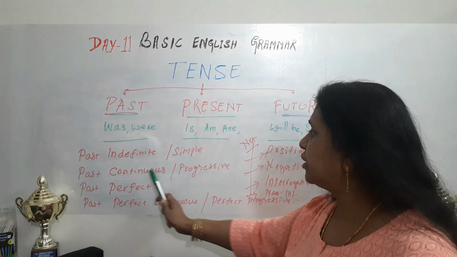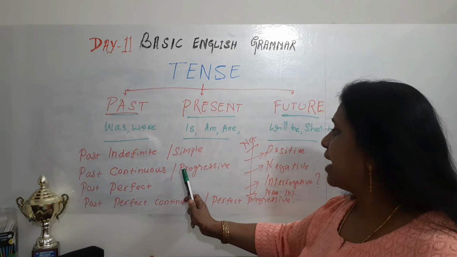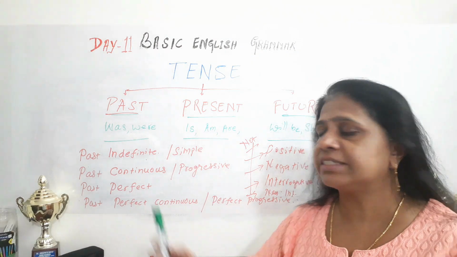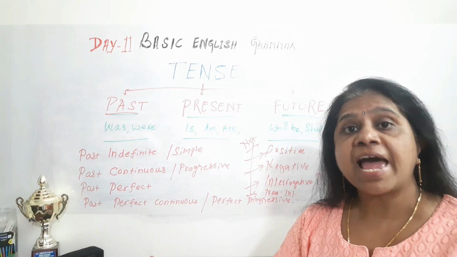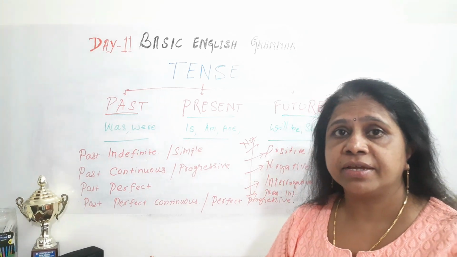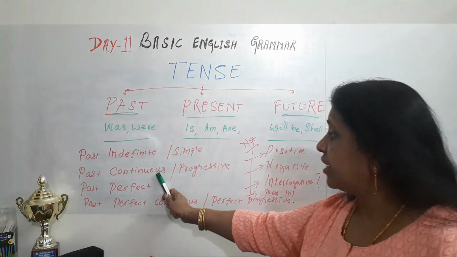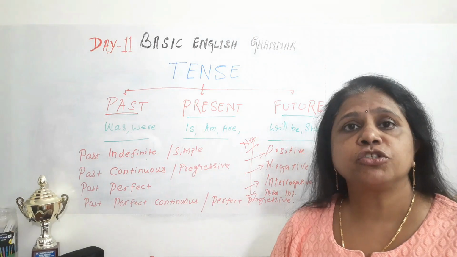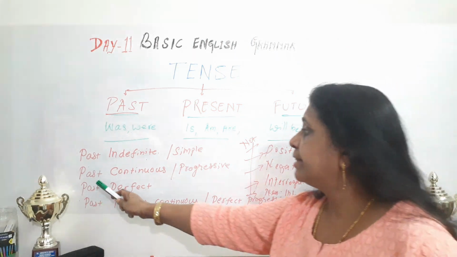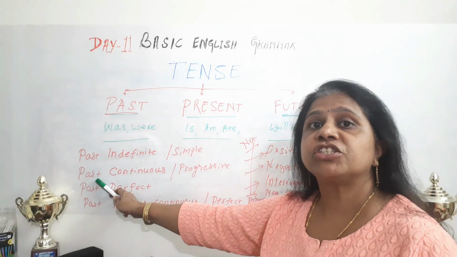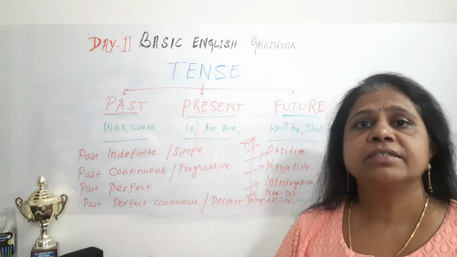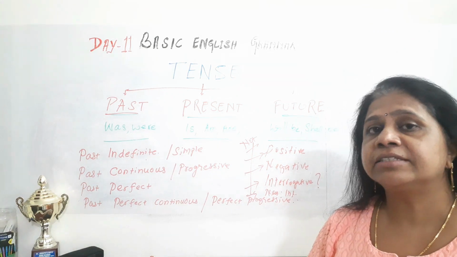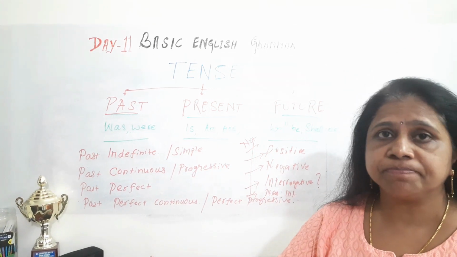And in the continuous or progressive, as it says progressive, that means it's going on. Some action is going on. So here continuous or progressive means an action is going on in the past tense. And perfect means, as it tells, something is finished.